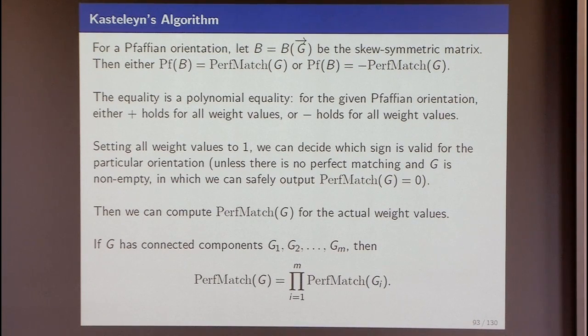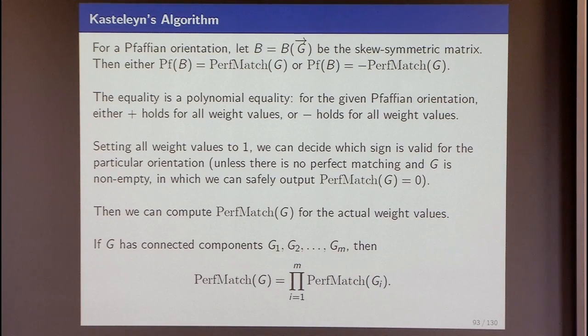Now there is this sort of issue. If you write down this whole thing and then you still want to compute the perfect matching, which one is it? Is it plus or minus? You compute the Pfaffian. Well, one quick and easy way is to say, I just set all the weights to be 1. If your original weights may not be all 1, I don't care. Assign all 1s and compute the Pfaffian for the particular Pfaffian orientation I just made, and I get a value.